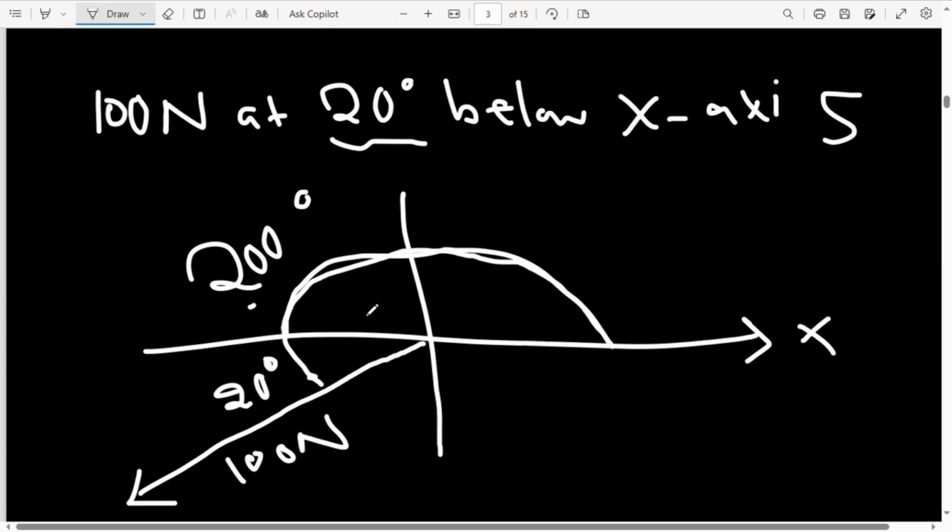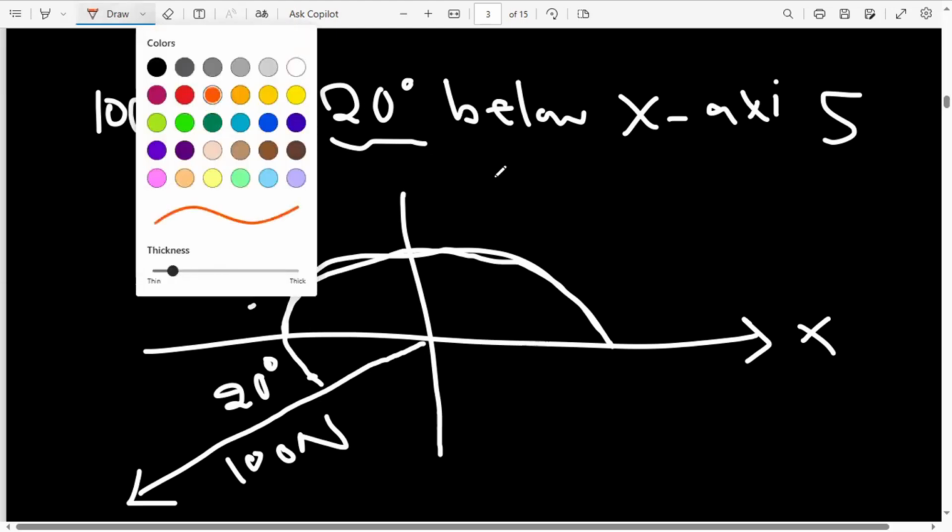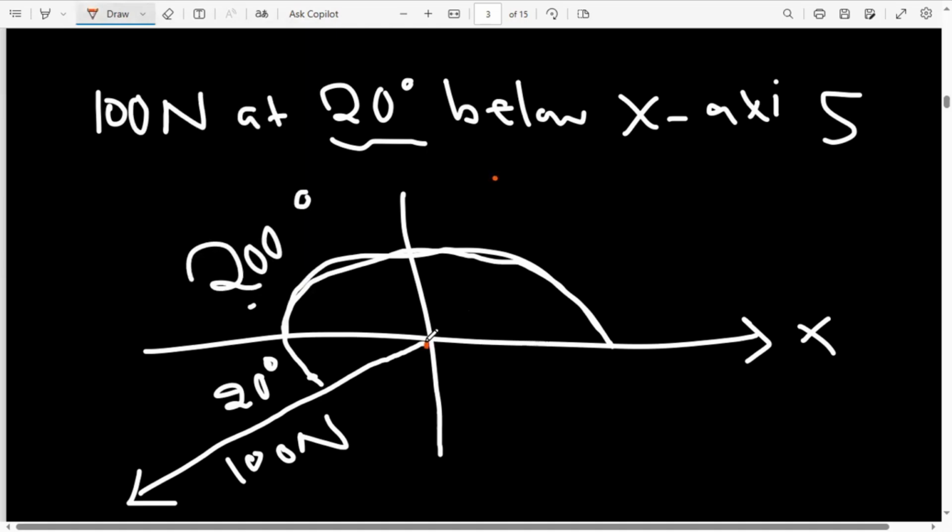So we can resolve this into its components. This is our first angle. Our x component will go like that, and then this is the y.